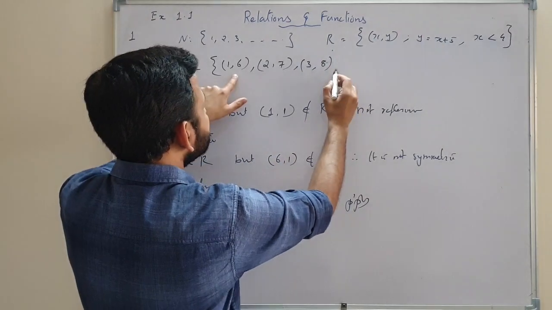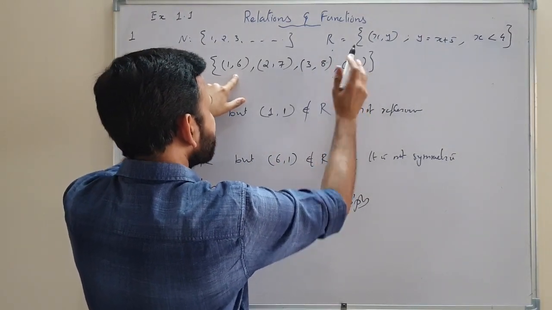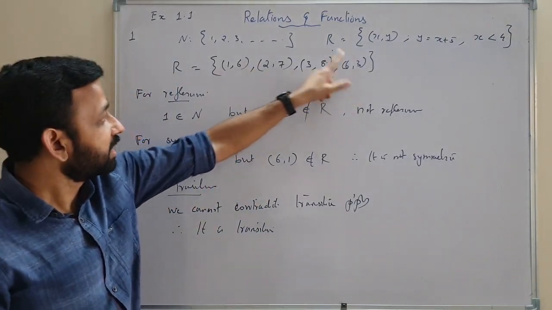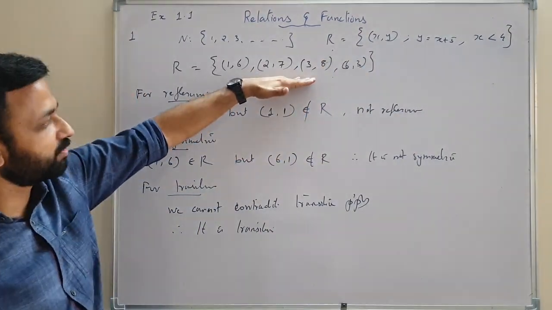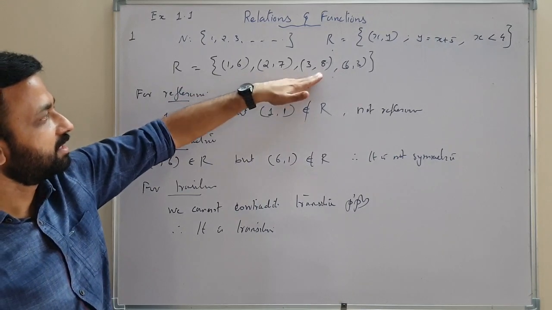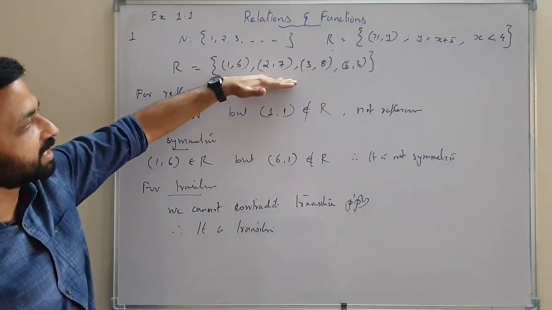Suppose here we have one more element, (6, 3). Suppose we have (1, 6), then (6, 3), then (1, 3) should be there. If (1, 3) is not there, then it will not be transitive. So if the relation is this set, with (1, 6) and (6, 3) there, then in this case it is not transitive.